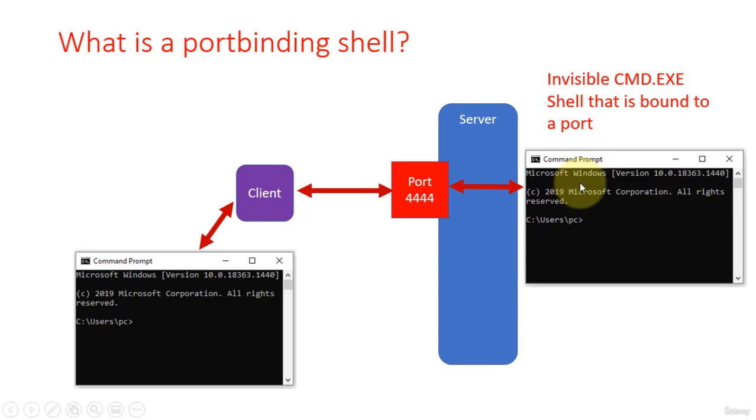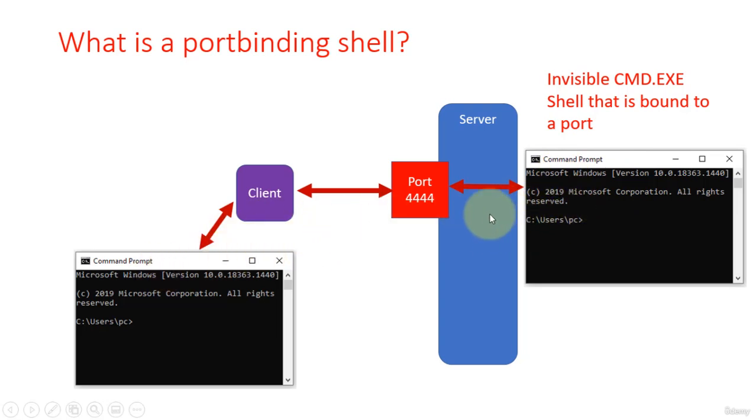So how that happens is that the command prompt will run invisible on the server. That means nobody knows that it is running. It will not show up any command window on the server itself, but it can run silently, quietly, without opening a window.